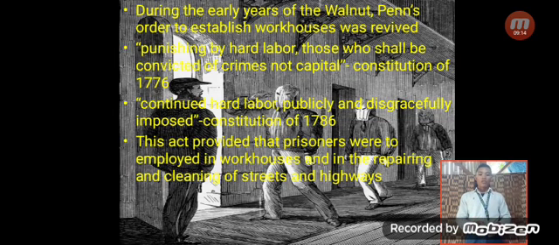Legal force was added to this provision of the Constitution by the law of 1786, which ordered the punishment of prisoners by continued hard labor, publicly and disgracefully imposed. This act provided that prisoners were to be employed in the workhouses and in the repairing and cleaning of the streets and the highways.